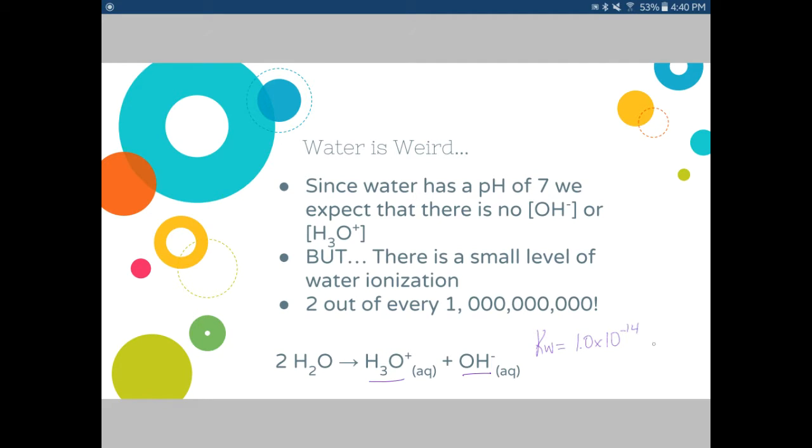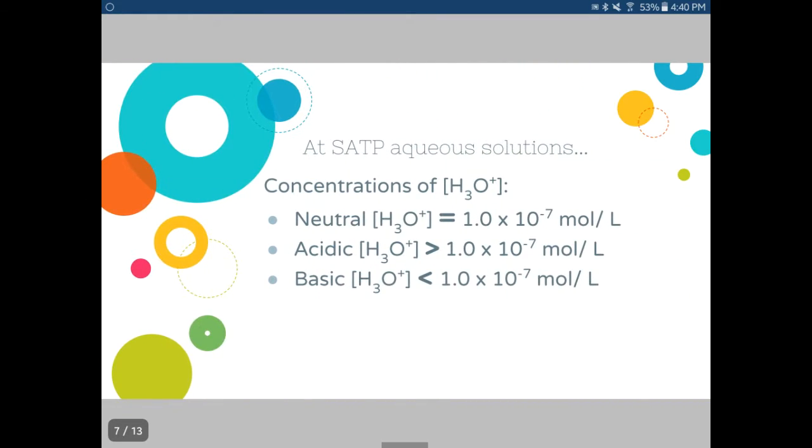And that's essentially how often we get this reaction happening, where we have 2 water molecules creating our hydronium and our hydroxide ion. So that's just important to know in our relationship between our hydronium and our hydroxide concentrations.